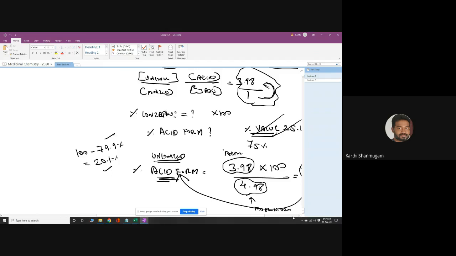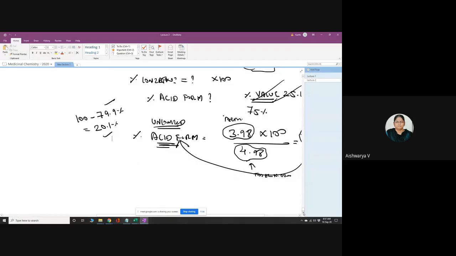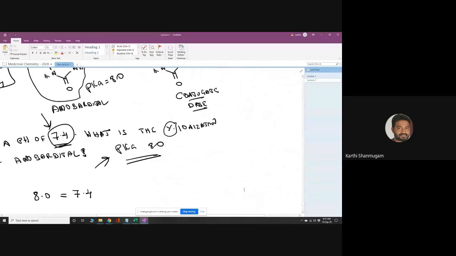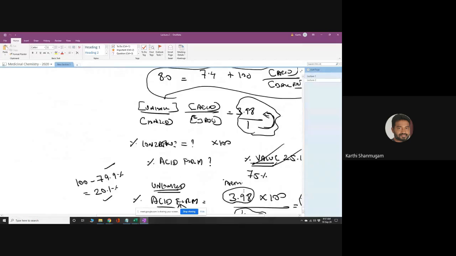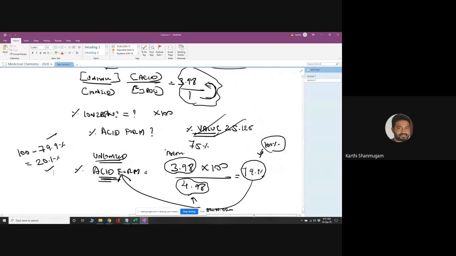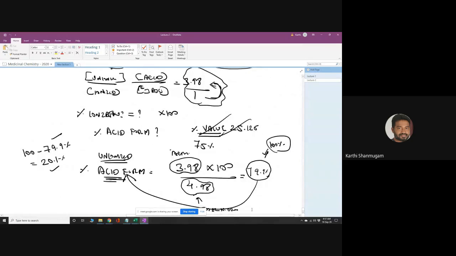That is what we have discussed. So any doubt in this, I can answer. In unionized form, 79.9 percentage will be in unionized form.